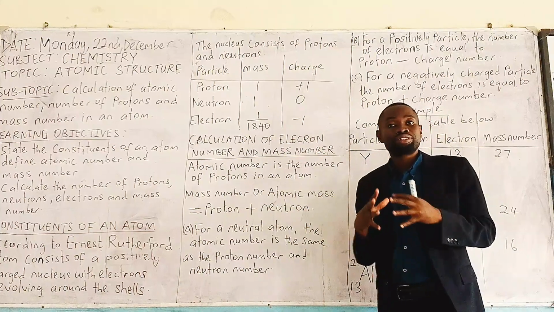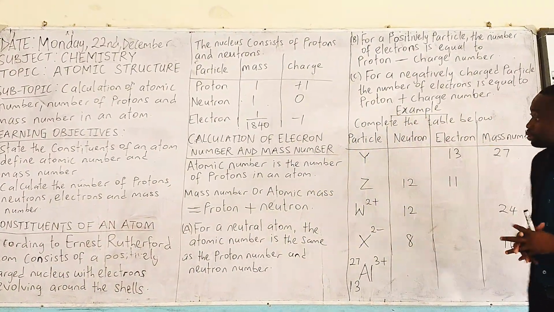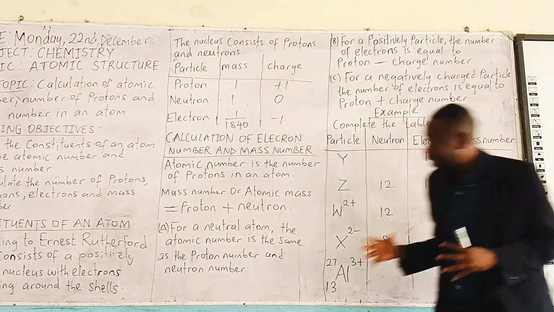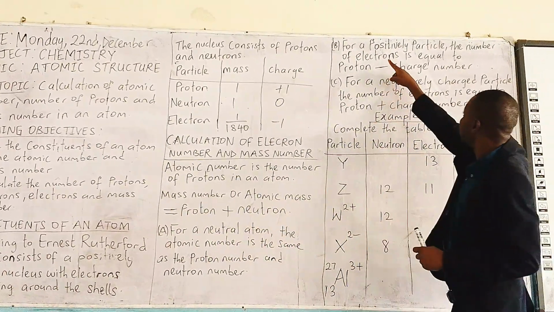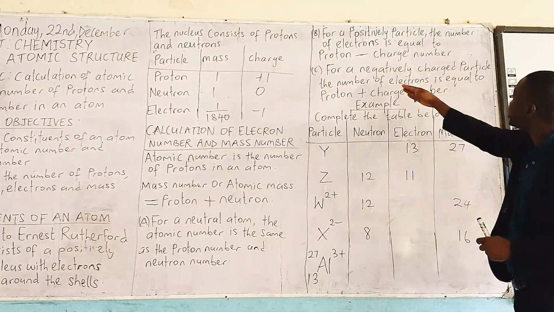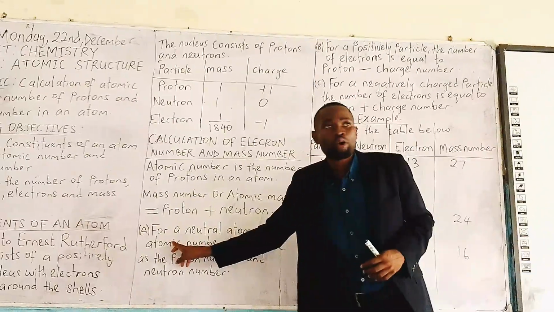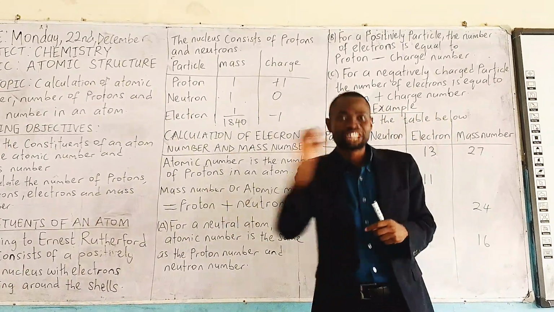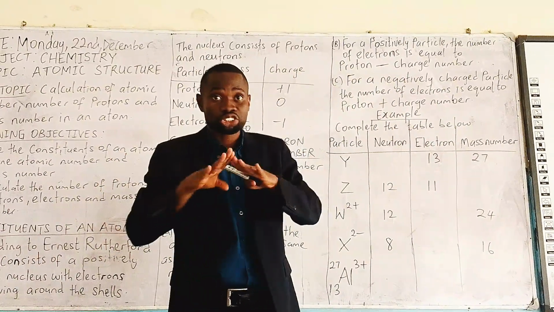Now, there are 3 types of particles we have in chemistry. We have neutral atom, we have positively charged particles, and we have negatively charged particles. A neutral atom is an atom that has no charge, it's just neutral.